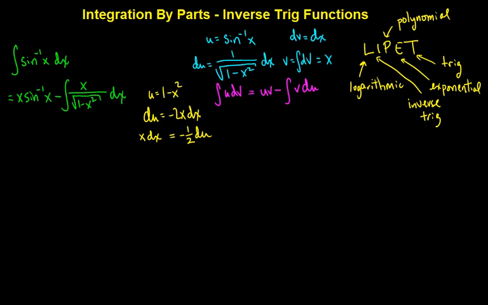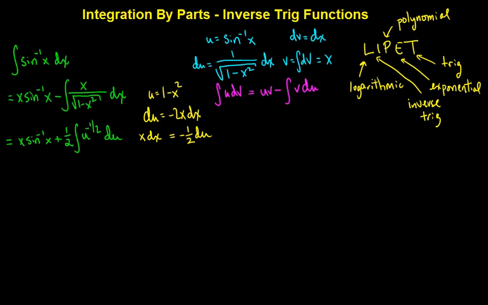Now my denominator is square root of u, so I'll write that in the numerator as u to the negative 1/2. And so simplifying, I still have x sine inverse of x, then it's minus the integral, but I'm going to have the minus from the negative 1/2, so that's going to become plus 1/2, the integral of simply u to the negative 1/2 du.